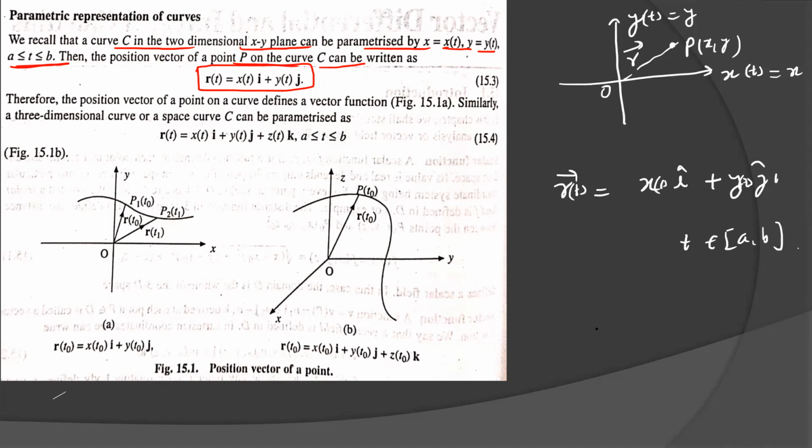But in 3D, you can see that you have three axes x, y, z. Then the unit vectors are i, j, and k.